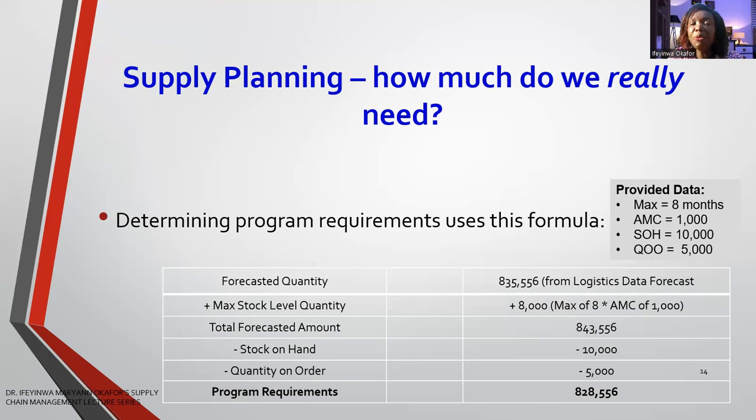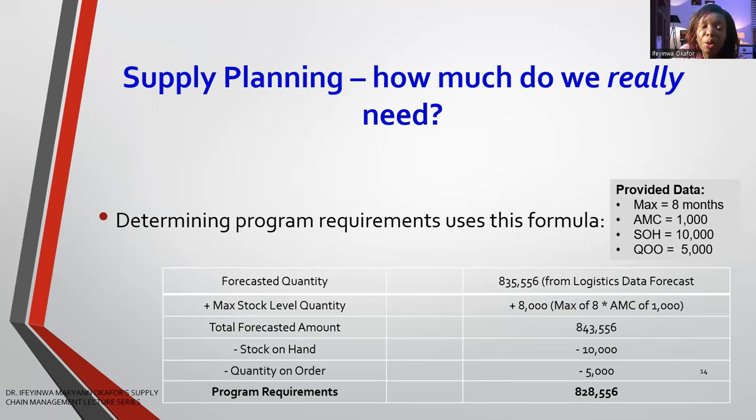That is the maximum we can have at any point in time. The average monthly consumption, that is the amount we consume monthly for that particular product, is 1,000. Remember, all this information can be gotten from the logistic management information system records, issue data, and all that.